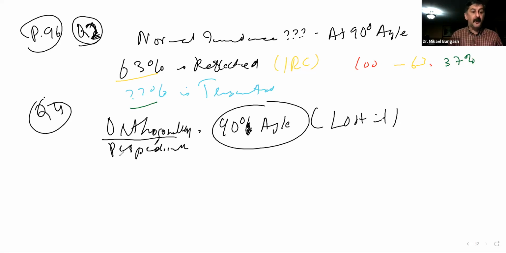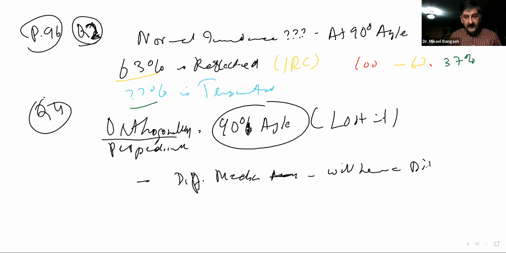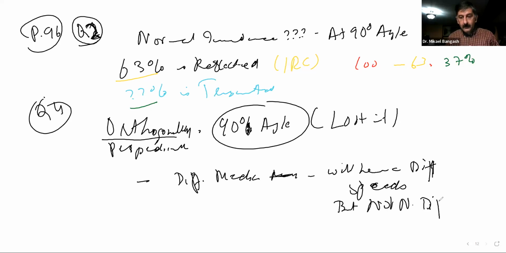And the reason for this is that although they are different media, they may have different speeds. Now different media will have different speeds, but not necessarily different impedances.